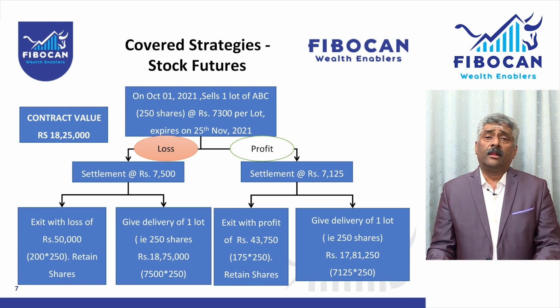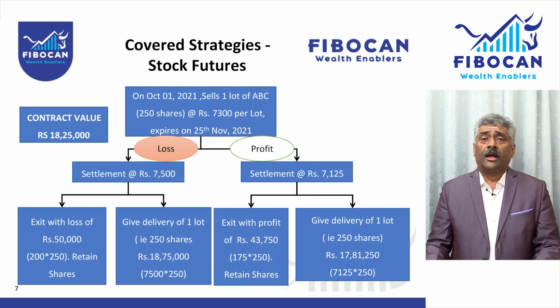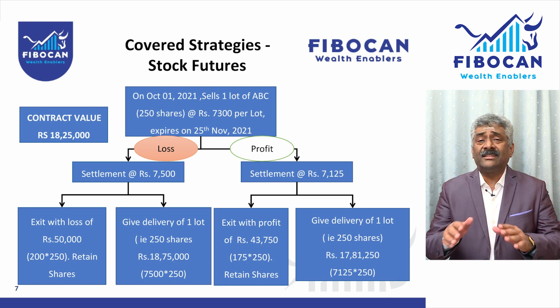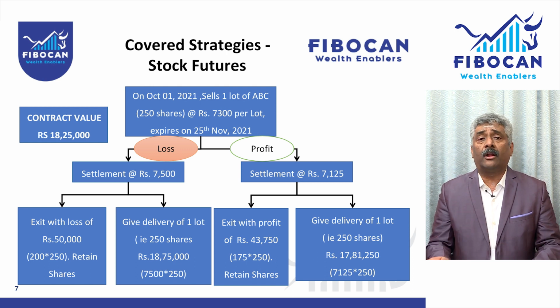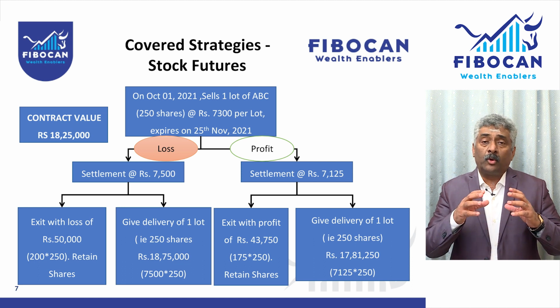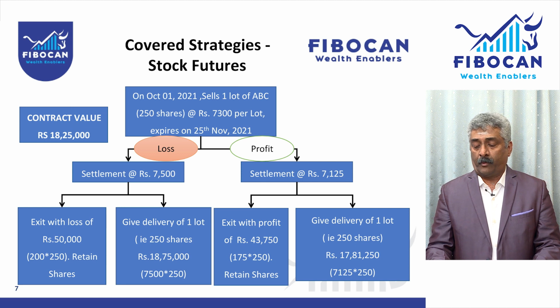Whereas in the second scenario, though she has made a profit in derivatives, her long-term capital gains will slightly come down. So it is a trade-off. This is why I say traders can adopt any strategy that suits, but they have to do it in a structured and systematic manner. That is very, very important.